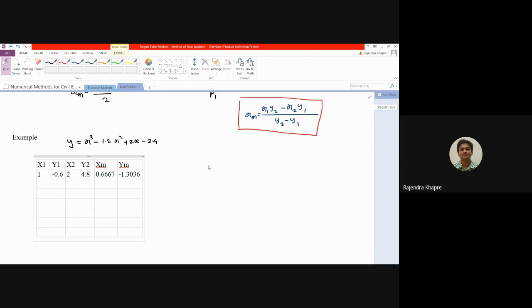Now you see, we have obtained the value of ym as negative. Are you sure it is coming out to be negative? This should not go beyond 0.6.